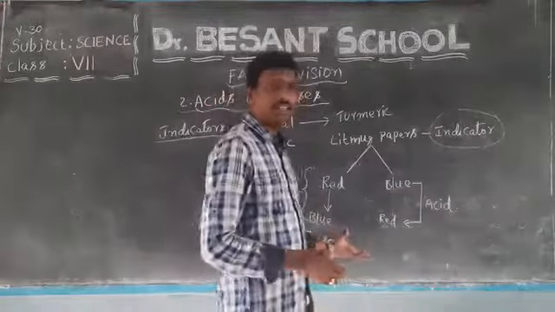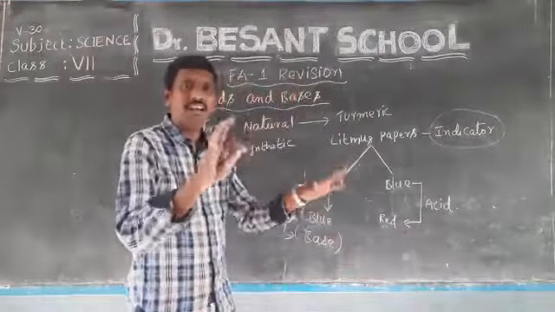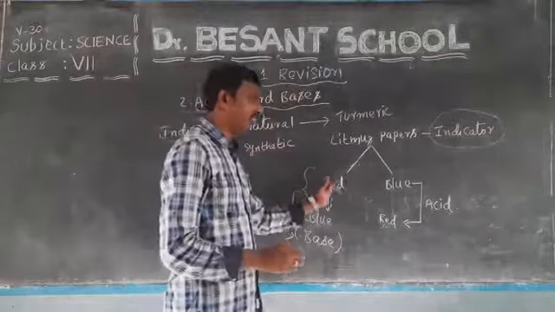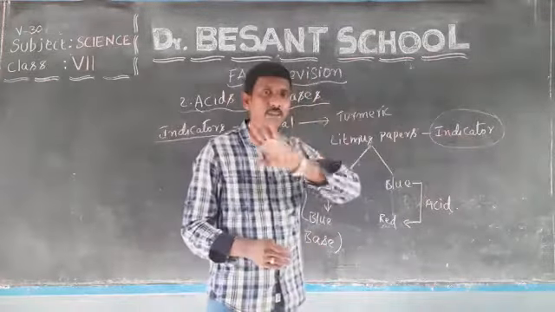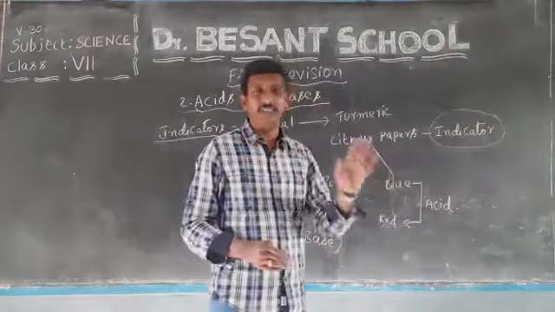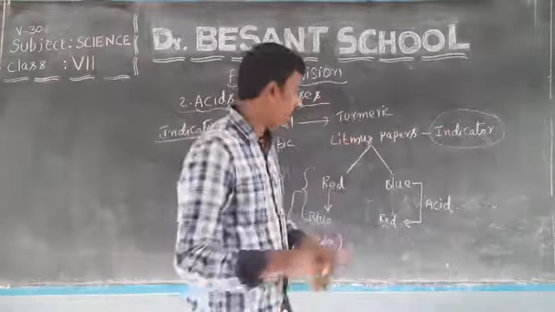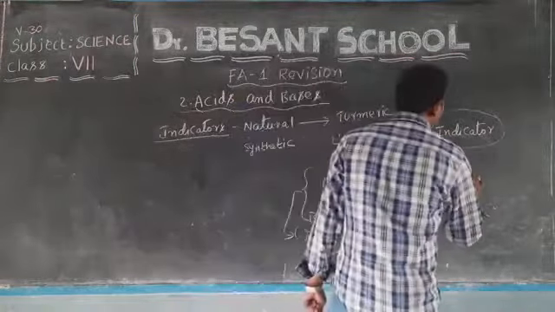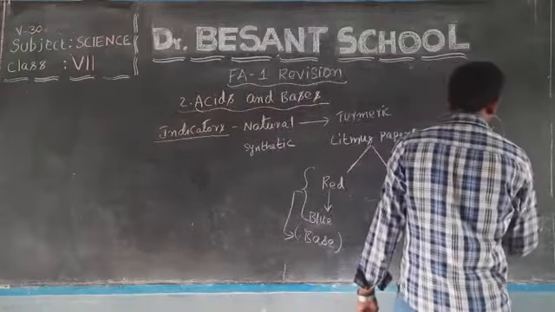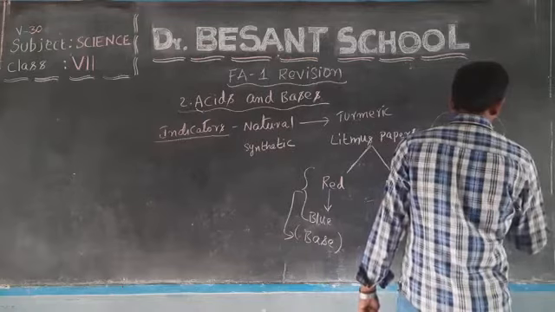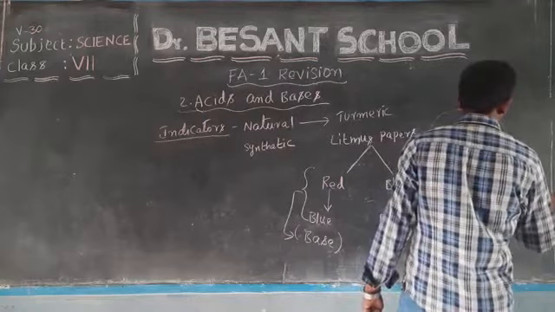And there are some substances which cause no change in the color of red litmus as well as blue litmus. Both litmus papers show no change in color, and they are said to be neutral substances.